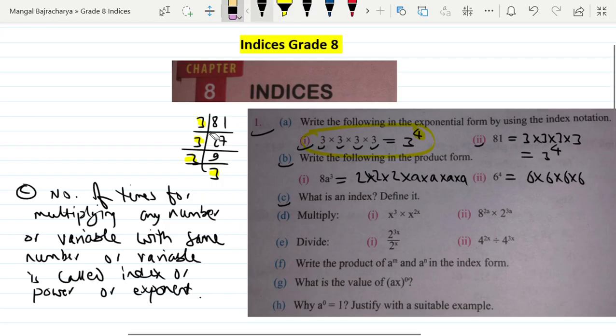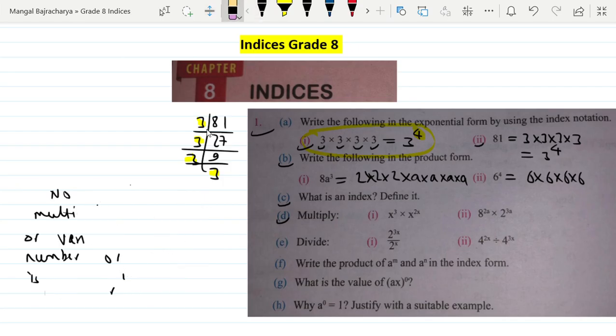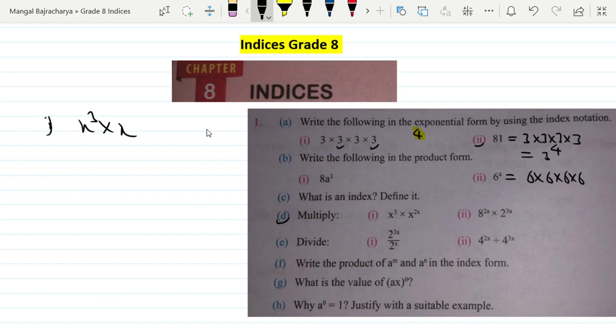Now we go with number D. Here we are asked to multiply. In the first, we are asked to multiply x cube and x power 2x.